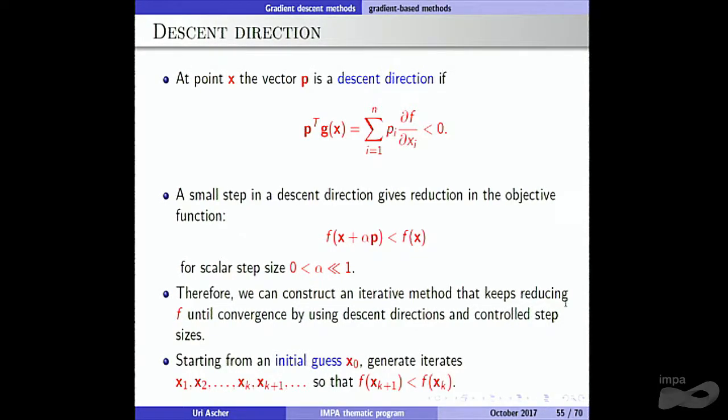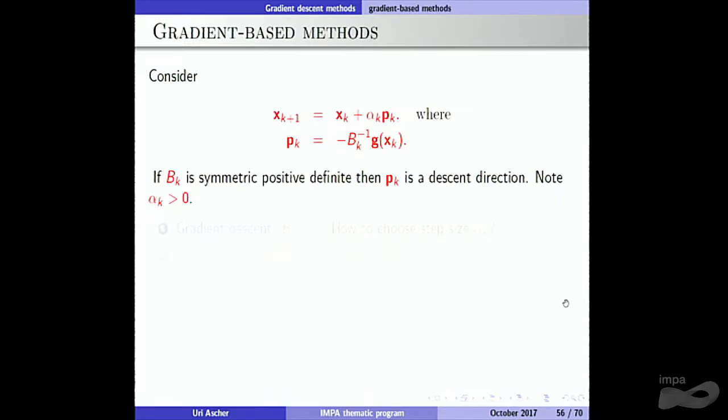So we have an initial guess and generate iterates. Each time f of x sub k plus 1 would be less than f of x sub k. That means I'm looking for a local minimum, because I'm going downhill, I have no way of finding that there is a smaller minimum. There are many methods that look like this.